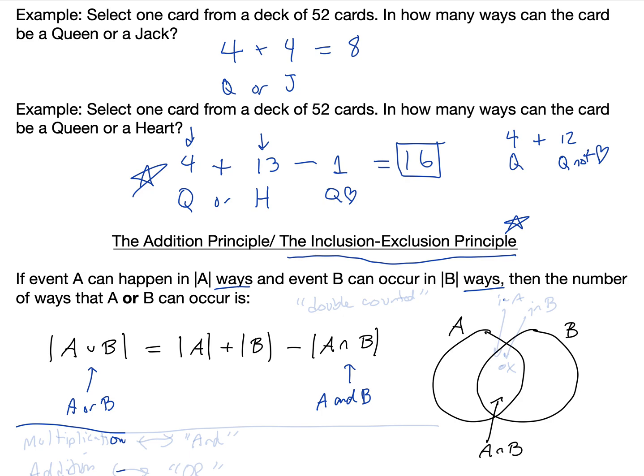Why is that? That's because any element that's in the intersection was counted once for being in A and counted a second time for being in B. And subtracting off that intersection means that x is counted only once and not twice. So we're subtracting away the things that were double counted.